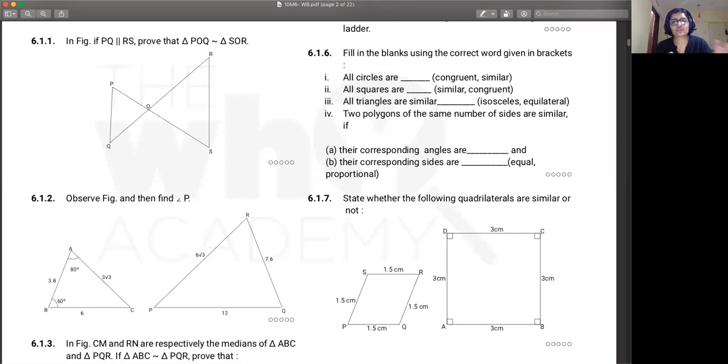Yeah. So congruency में you need to have same shape and same size also. Like lengths भी equal होना चाहिए. Similarity में size का difference हो सकता है, लेकिन shape same होना चाहिए.